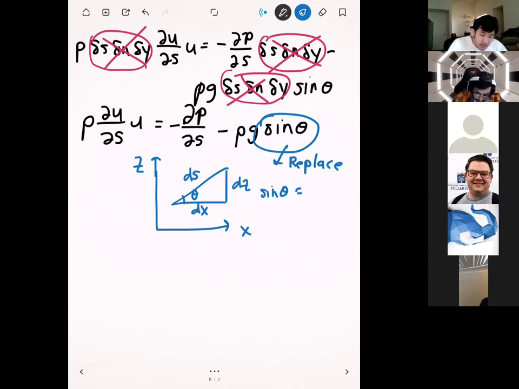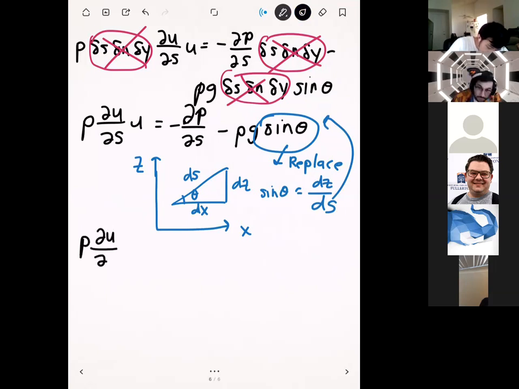The opposite side is dz and the hypotenuse is ds. So let's replace sine theta with dz ds. Then we get rho du ds times u equals minus dp ds, minus rho g dz ds.